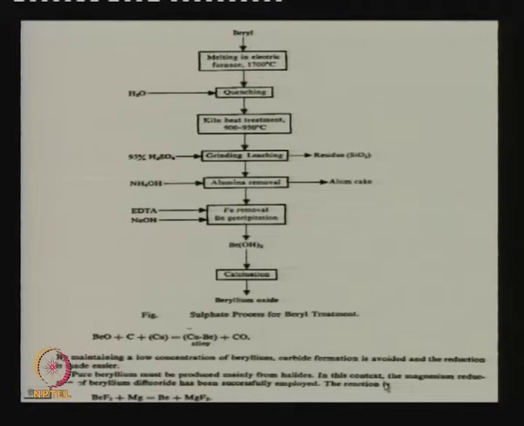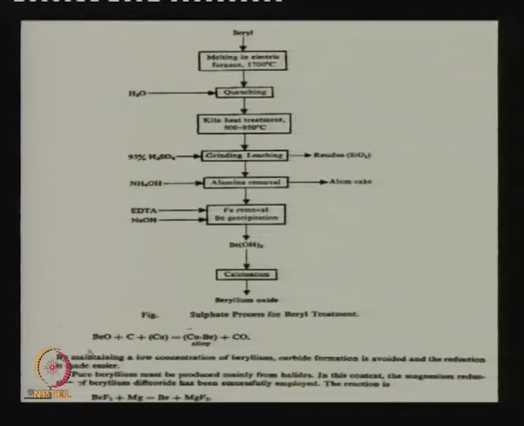and then we have discussed beryllium, which is also a highly reactive metal. Beryllium oxide, if reduced by carbon at sufficiently high temperature, will produce beryllium, but that will have carbon in it, because beryllium carbide also forms.